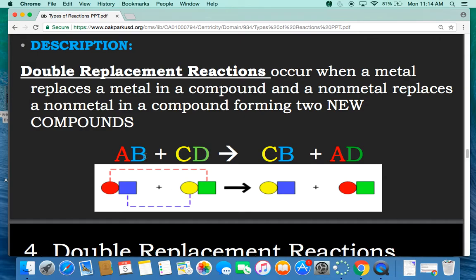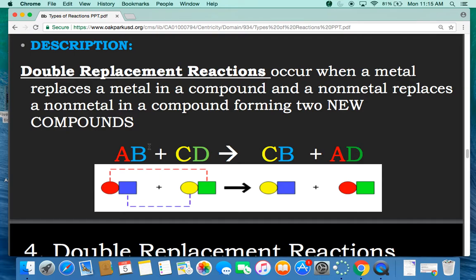So if you look here, you have a compound plus a compound to give you a compound plus a compound. That's the easiest way of remembering a double replacement: you have two compounds in the reactants, and you form two compounds in the products which aren't the same.